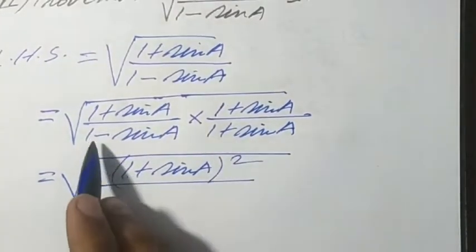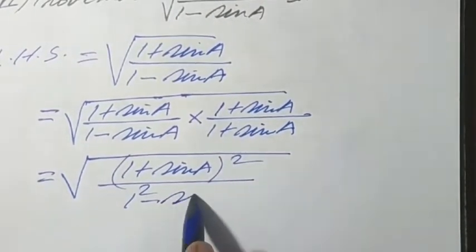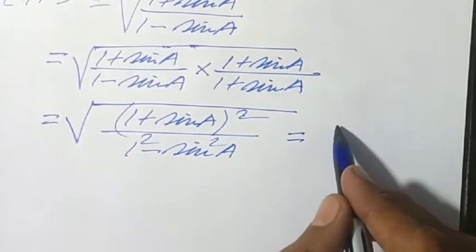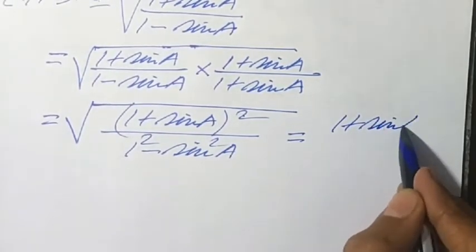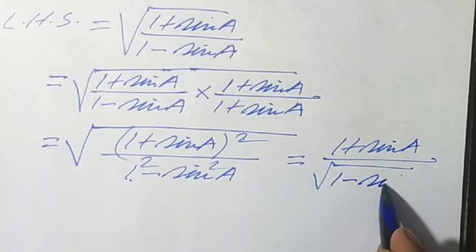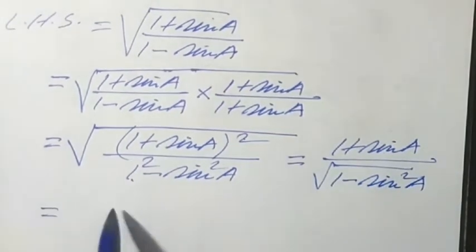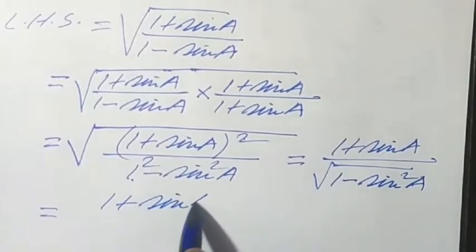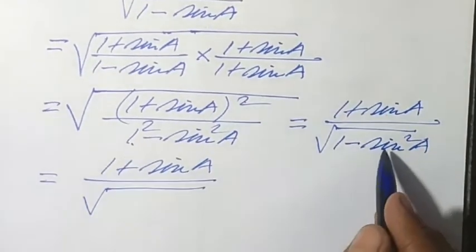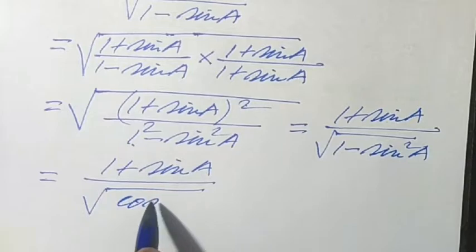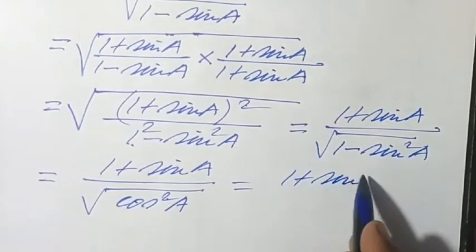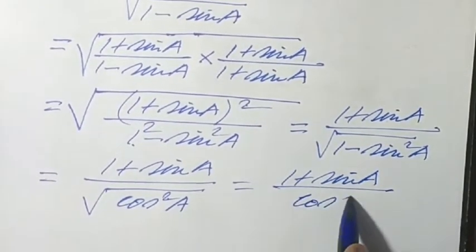So using that identity we may write it as 1 square minus sine square A. So in the numerator this square will cancel the root, so we have 1 plus sine A. In denominator we have under root 1 minus sine square A. So 1 plus sine A upon under root, as we know well, 1 minus sine square theta is cos square theta, so 1 minus sine square A may be written as cos square A. And here again this square will cancel the root, so we have 1 plus sine A upon cos A.